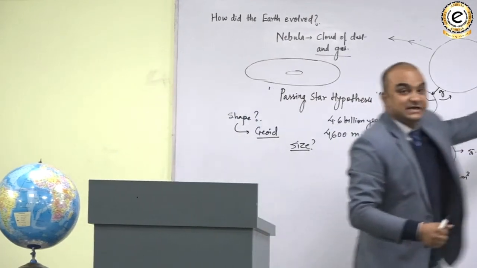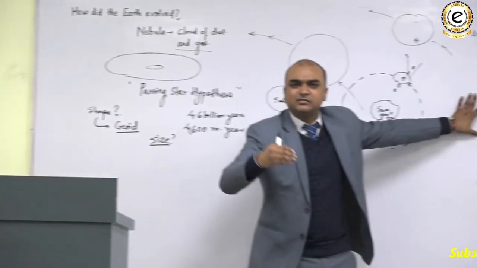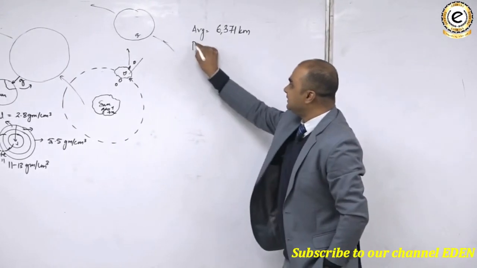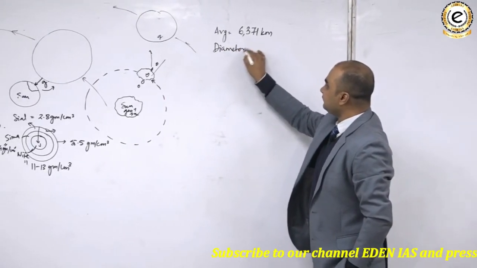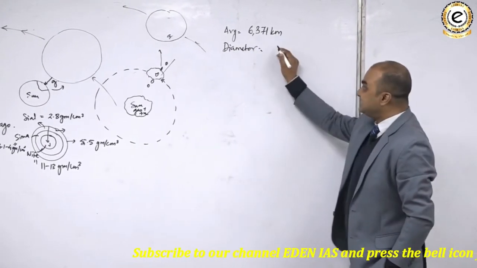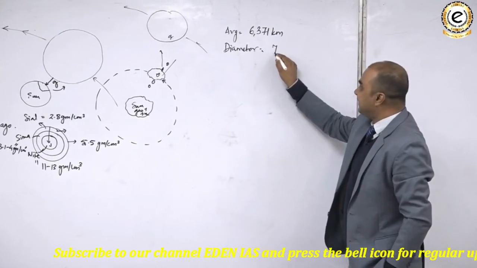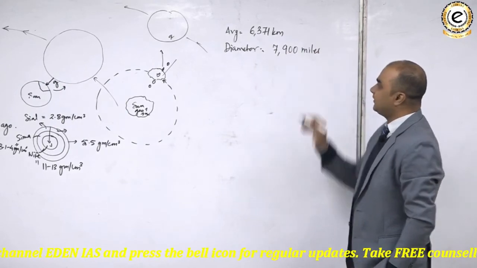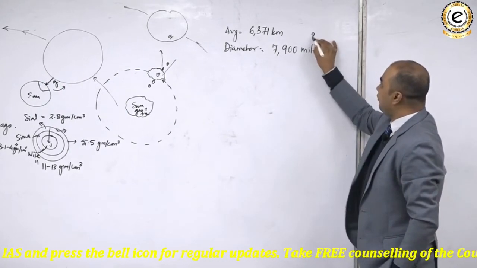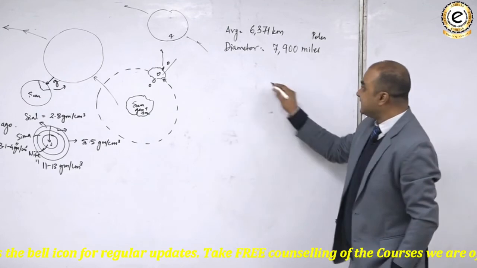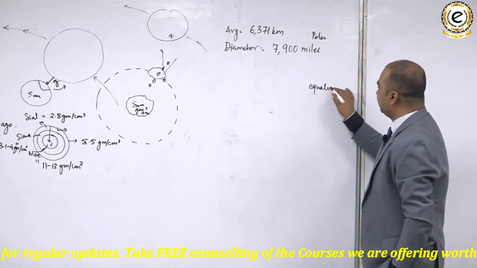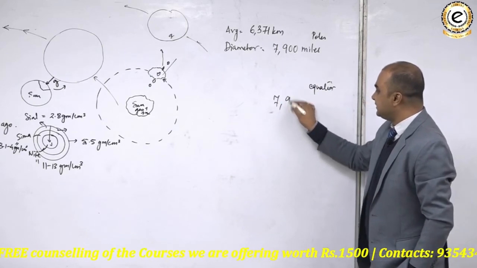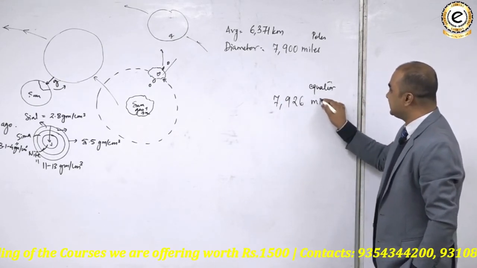In fact, if that is the case, then the diameter must also differ. If you have a look at the diameter, you will see one thing. At the poles, the diameter is around 7,900 miles. Whereas at the equator, the diameter is around 7,926 miles.